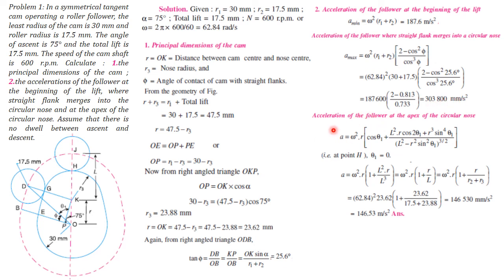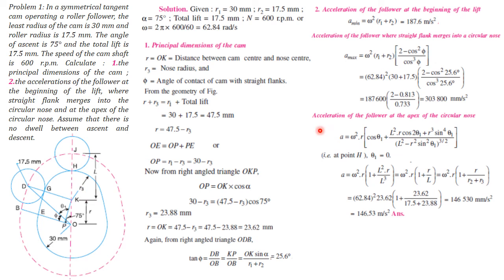Okay. Then the acceleration of the follower at the apex of the circular nose. So at the apex we know that the angle theta 1 is 0. So we are measuring the angle theta. Now here we can see this is the total angle theta 1, and at the apex theta 1 is 0.